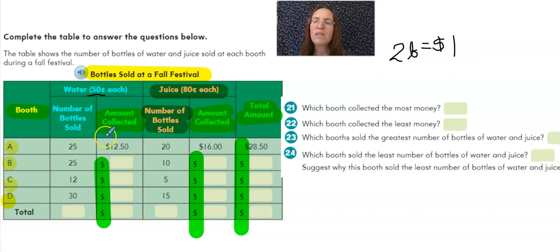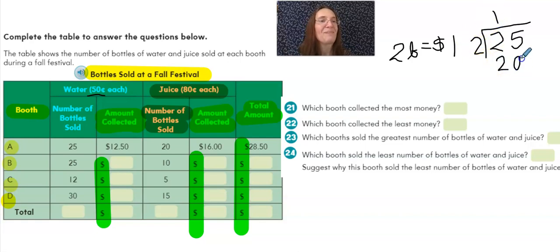So I wonder if 25 divided by 2 equals 12 and a half. Let me see here. If I took 25 and divided it in half, because there are 2 bottles for each dollar, that should tell me how many dollars I have. In the tens place, 2 times 1 equals 2 tens.